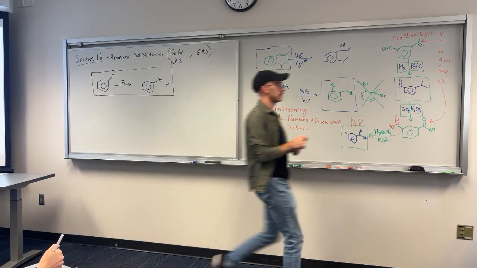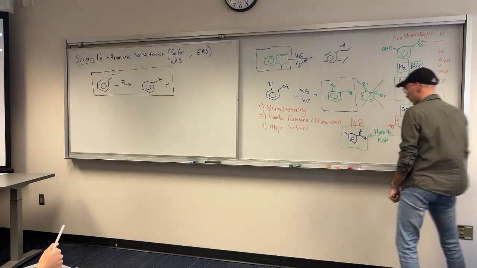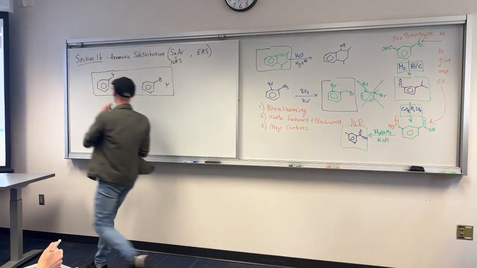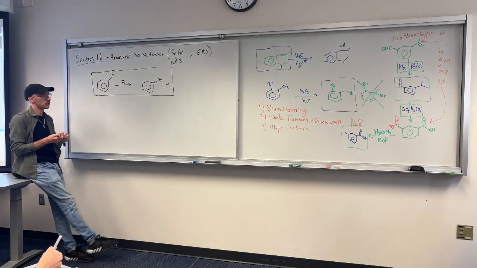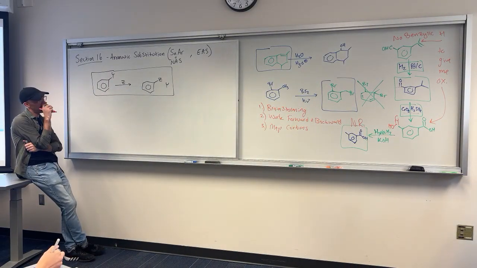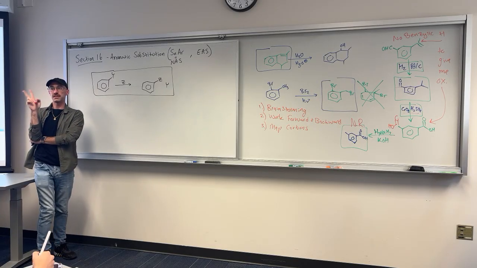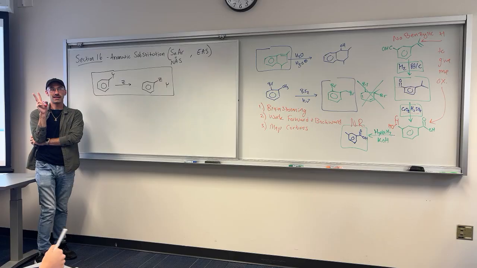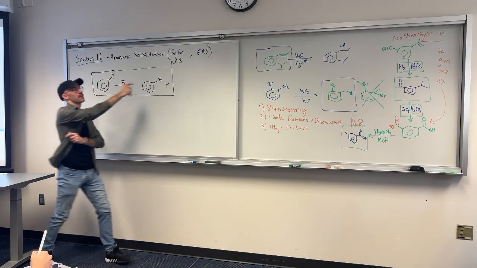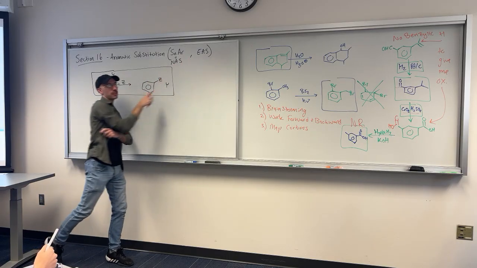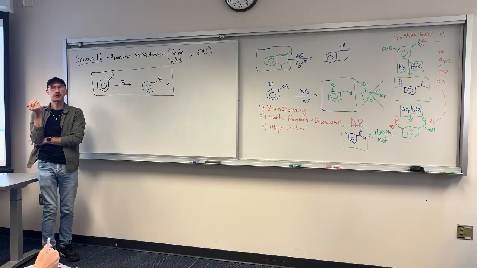There is an intermediate, no matter what reaction you have. That intermediate is sometimes called the sigma complex. But depending on the nature of your substitution, that sigma complex has a different charge.